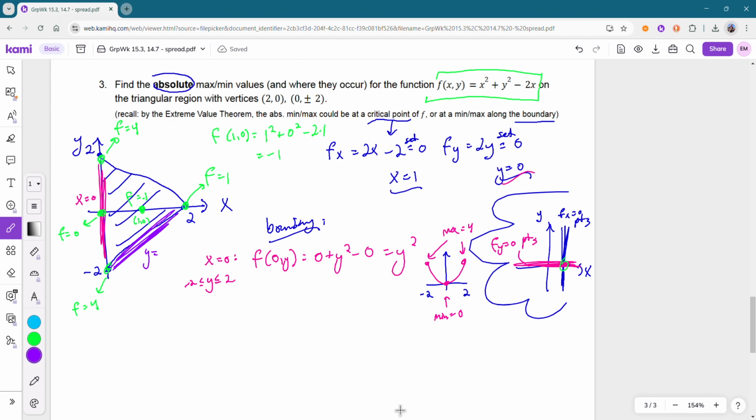Over on this bottom side, we need the equation, and it's y equals x minus 2. And so that's what we are going to plug in and use the x values from 0 on the left up to 2.